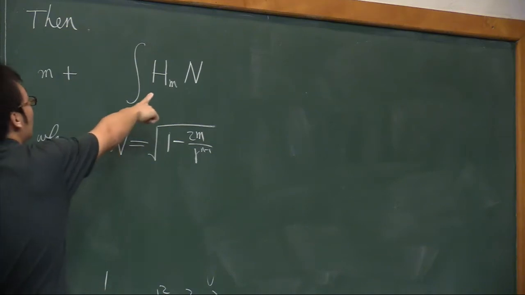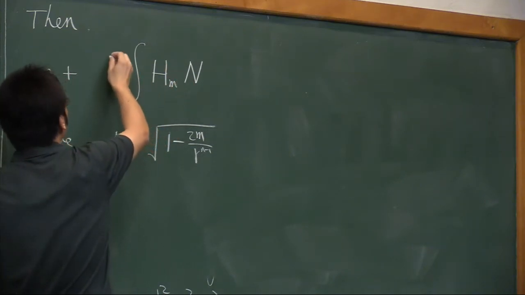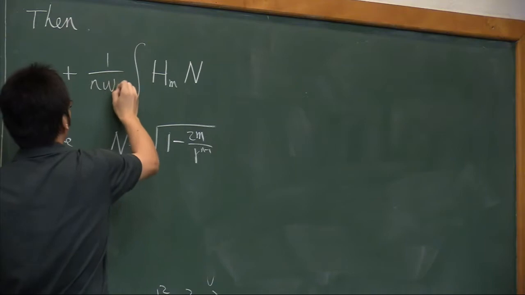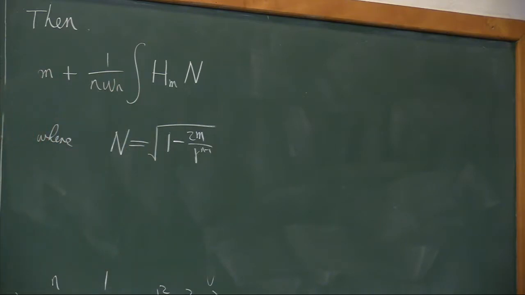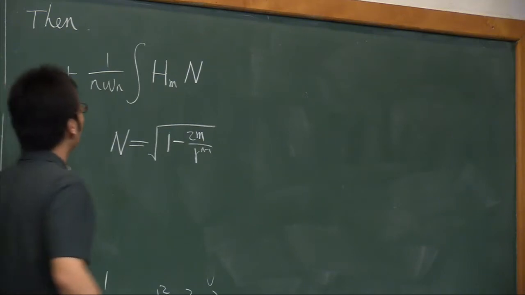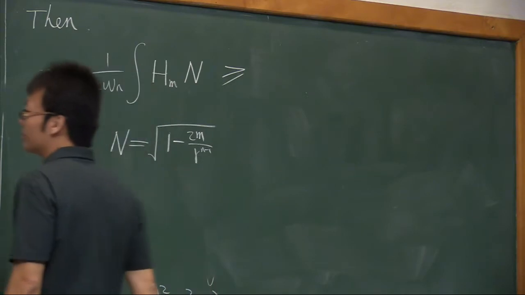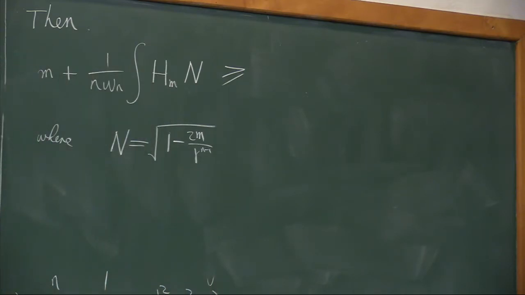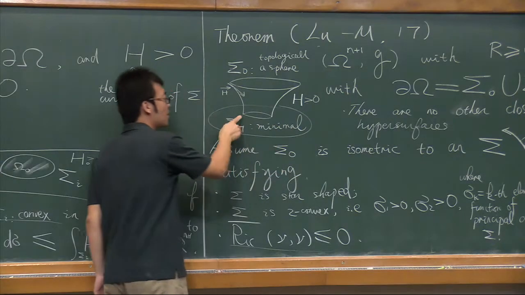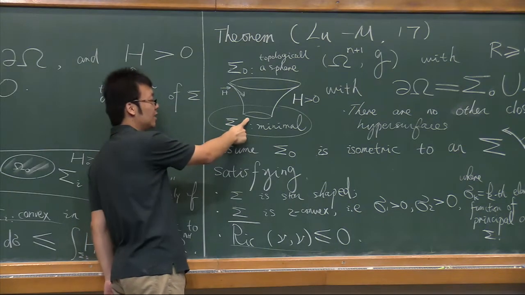And this weighted total mean curvature normalized by n times omega n, where omega n is the volume of the standard sphere, will be greater than or equal to a quantity that comes from the area of this horizon boundary.